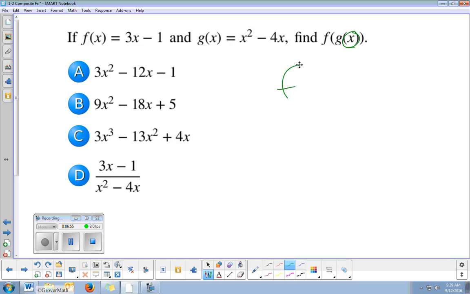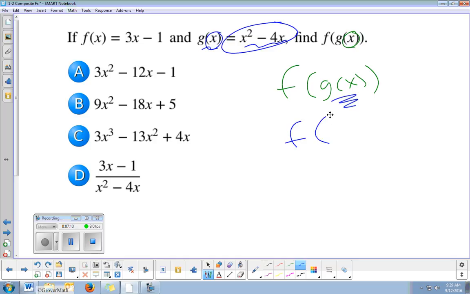So what do we do? Well, f of g of x tells us to first do g of x. And doing g of x is simple because they tell you what g of x is. They tell you when you plug an x into g, this is what you have. So f of g of x is f of g of x, which is x squared minus 4x.